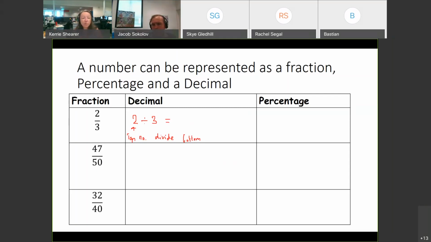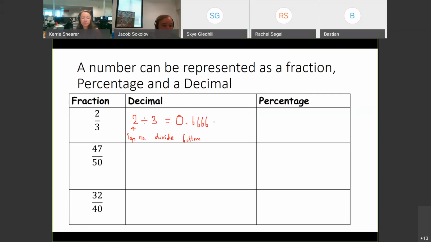Okay, so you're actually talking about rounding. So we want to have 3 decimal places in our answer. Now I've got 0.666 and somebody's got 0.667. So our answer would be 0.666666 recurring.